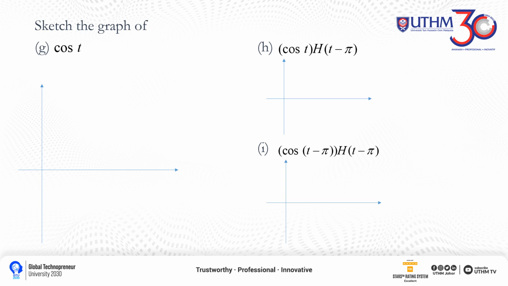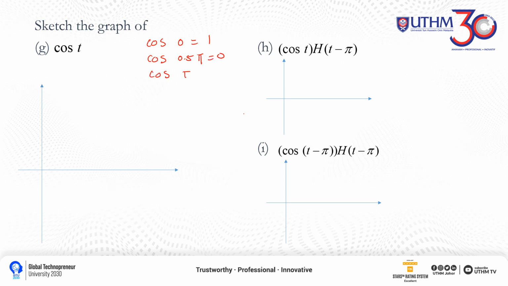Question G is to sketch the graph of cos t. Okay, before you sketch the graph of cos t, you must know the value of cos t. If we substitute cos 0, it is 1. If we substitute cos 0.5 pi, it is 0.